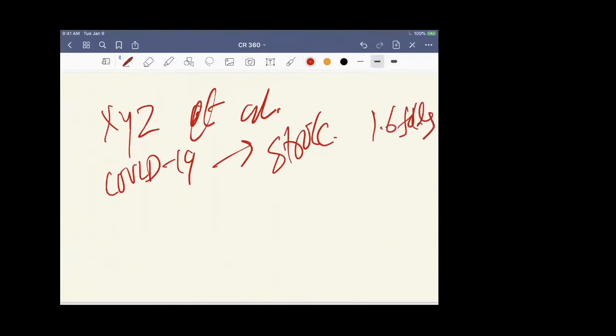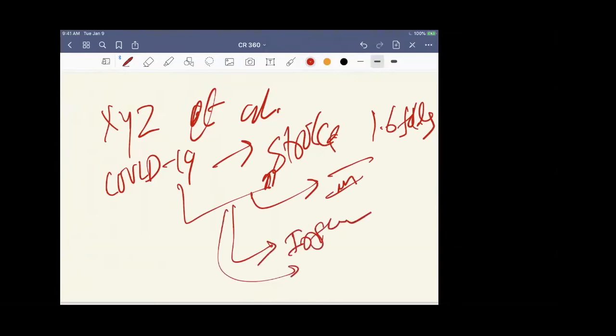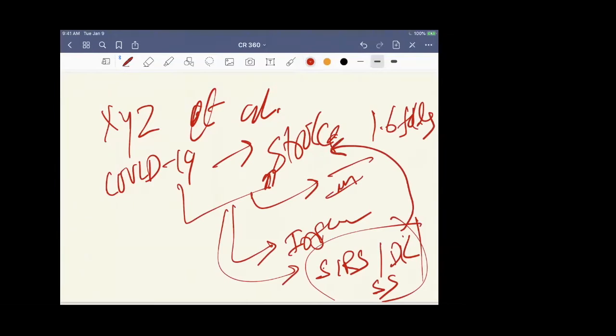But whether COVID leads to stroke by a direct effect on the vessel wall, or by increasing inflammatory markers, or by complications like DIC or septic shock, whether these are the triggers of stroke, we do not know. For example, the information on this is there, but the information on this is missing.